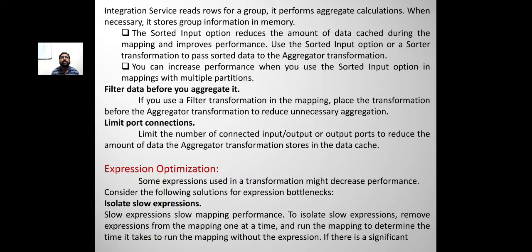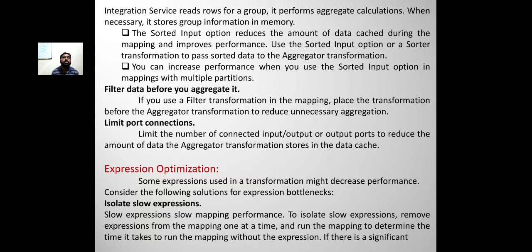Expression optimization. Some expressions used in the transformation might decrease performance. Consider the following solutions for the expression bottleneck. Isolate slow expressions. Slow expressions slow mapping performance.